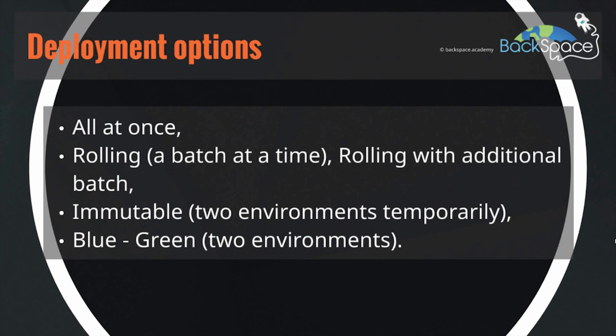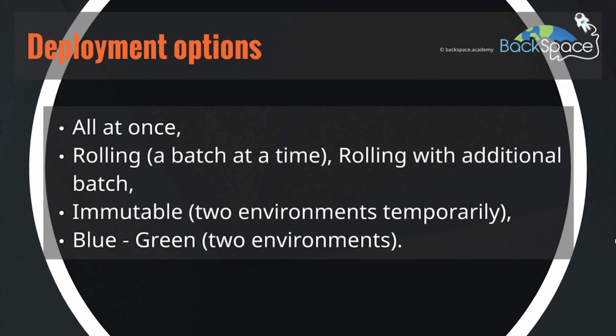So another option there is to do a rolling deployment, and that will deploy your application to a single batch at a time. What that means is that if you've got 20 EC2 instances, it can deploy to, say, 2 at a time. So you're not going to be down by much. You're just going to be down from 20 instances to 18 instances, but your architecture will still be responding to requests.